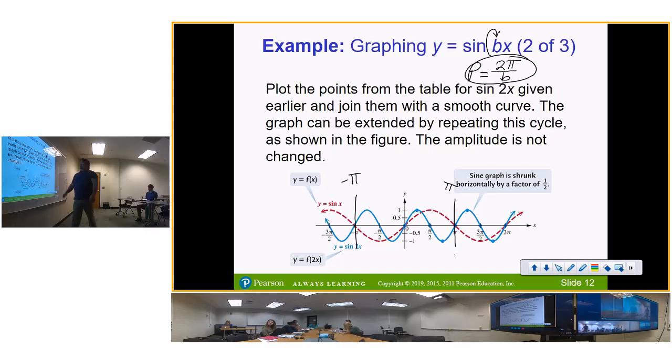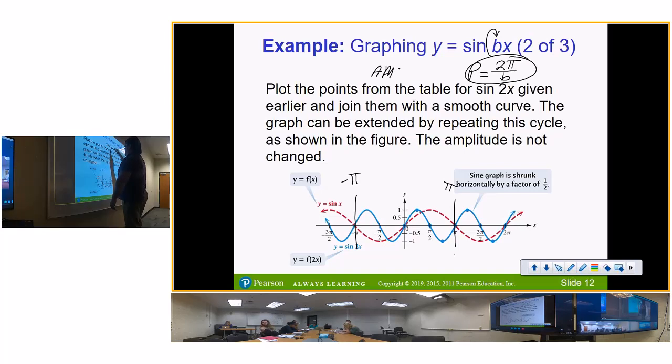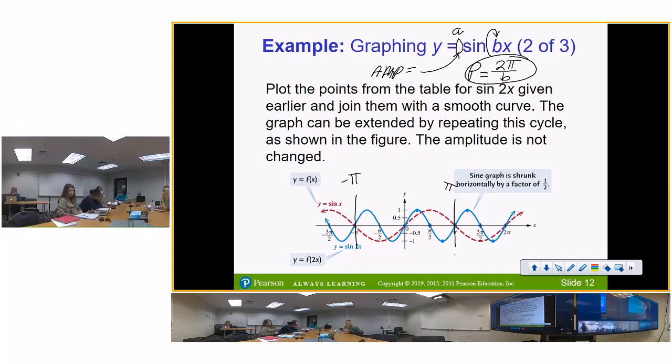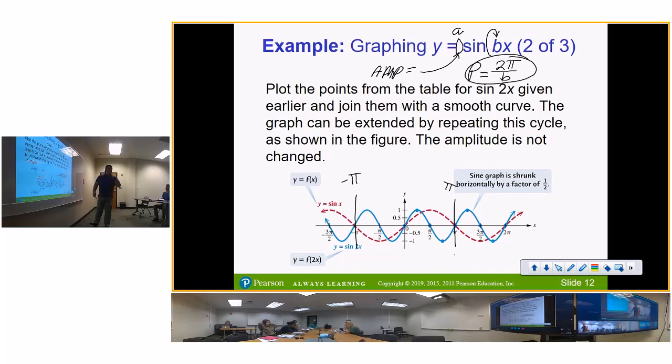And the amplitude is always going to be equal to a. Of course, if you change all these things in your calculator, you'll see it. You need to use the dashed line, the solid line, and the dark line because you can see the differences best there.